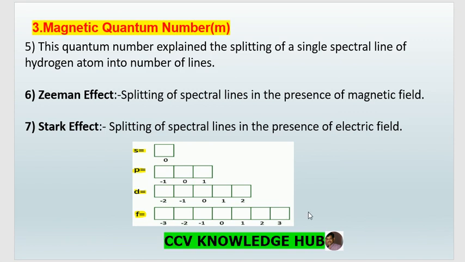So this is the information about the magnetic quantum number. These are the main points you have to remember.